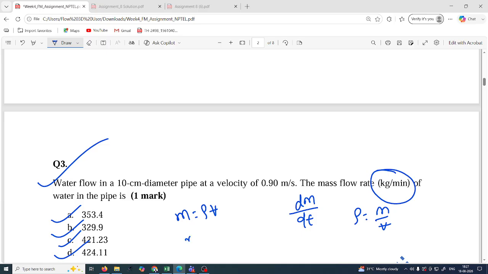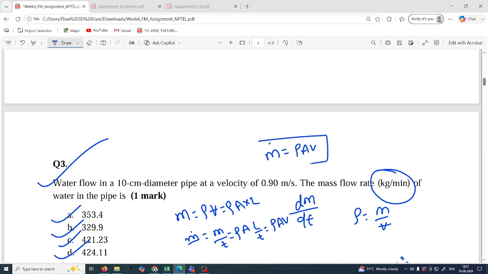Now if you divide by t, m dot means mass per unit time, and volume you can write as area into length. So rho A into L by T, and L by T is V, so rho AV. So mass flow rate is nothing but rho AV. This is your formula for mass flow rate.